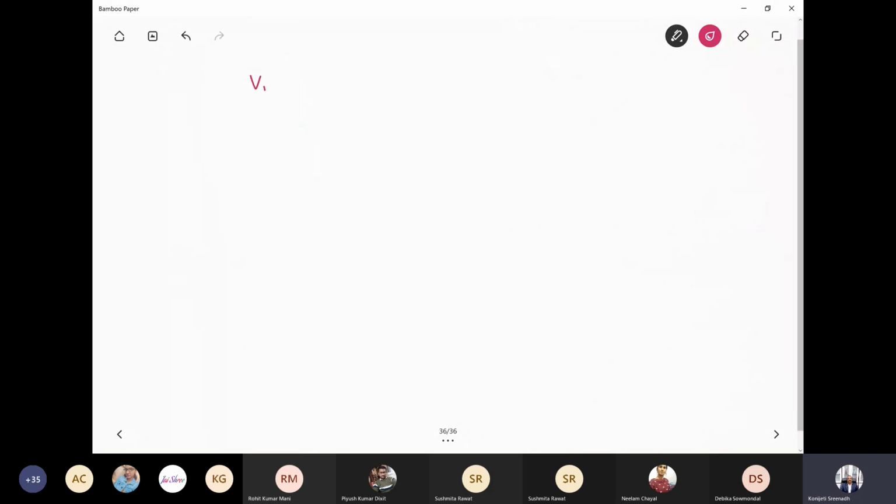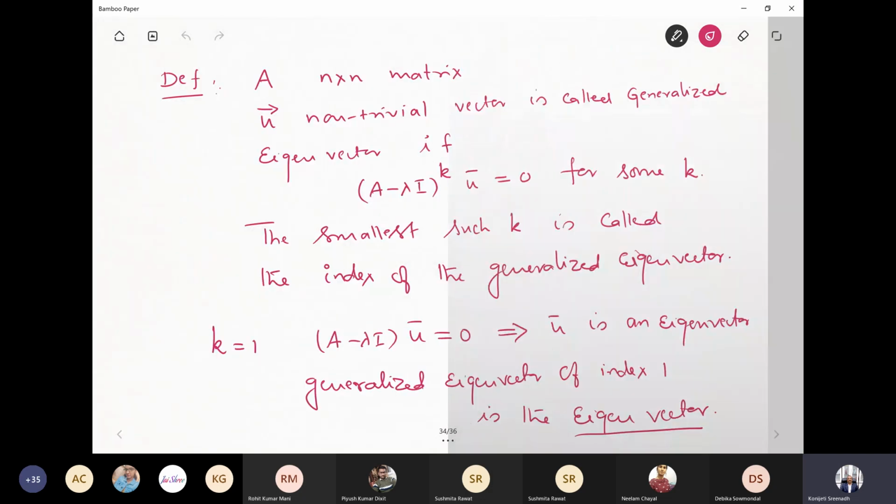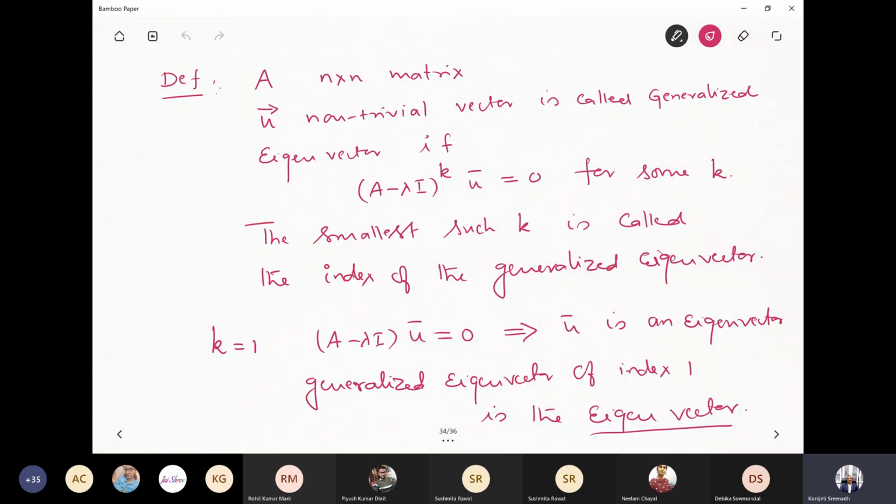So therefore, what we have is that V1 will be (A minus lambda I) of V2, and that is nothing but (A minus lambda I) squared of V3, and so on. So what we earlier spoke about on the first page, I looked at this equation.